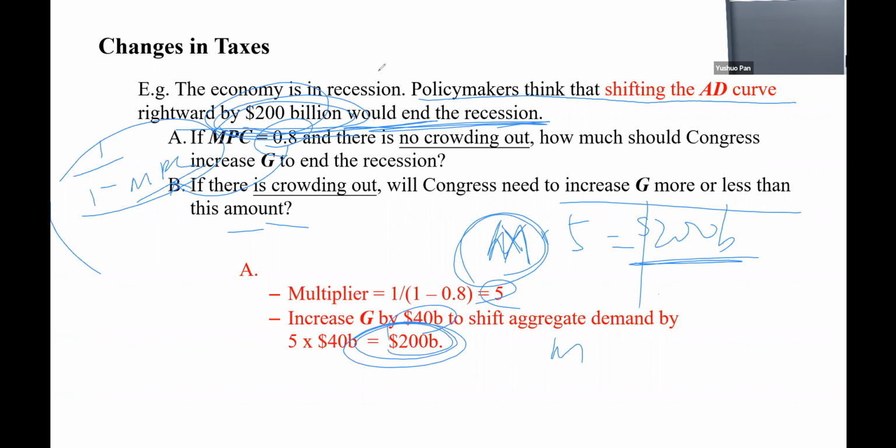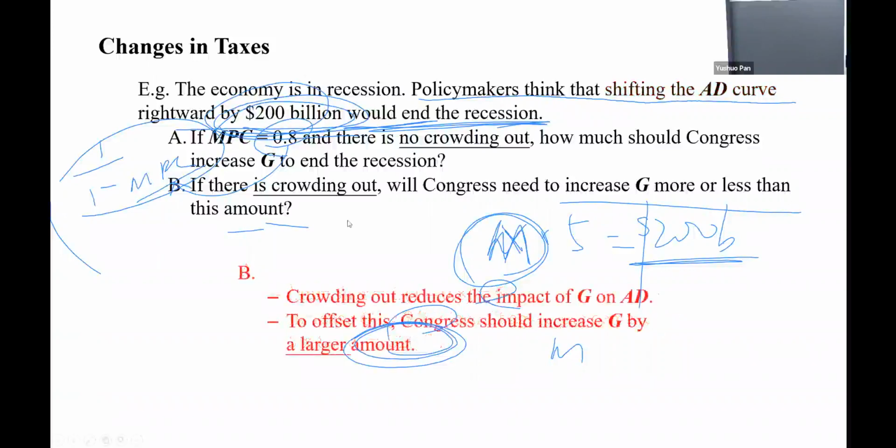That's A. So if there is a crowding out effect, that will reduce the impact of G on AD, right? Because that's the opposite direction. If the government wants to shift the aggregate demand curve to the right-hand side, but because there is a crowding out effect, the final result is the AD curve is going to shift to the right, but not as much as the government wants.